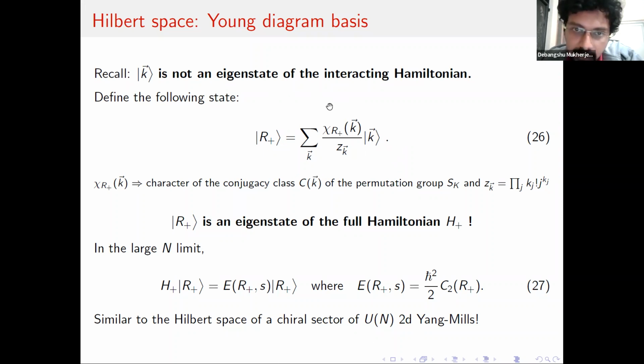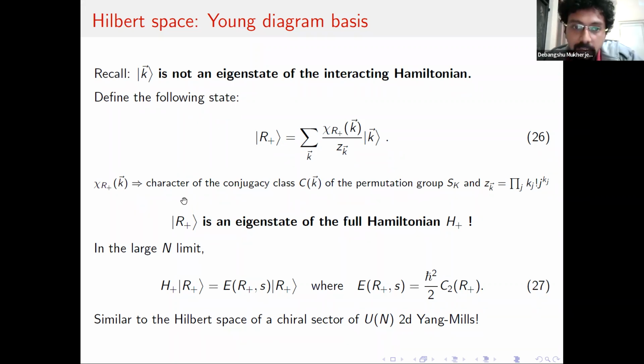The way this state is constructed is basically as a linear superposition of the K states that I defined, but with certain very specific coefficients in front. This chi R plus K is nothing but the character of the conjugacy class of the permutation group S_k, and this Z_k is the normalization factor, which is defined like this.